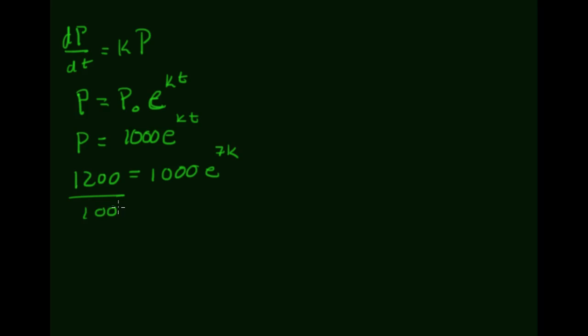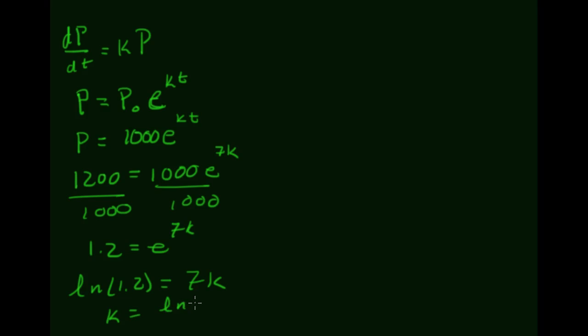So we divide both sides by 1,000. We get 1.2 is e to the 7k. The natural log of 1.2 is equal to 7k. K is equal to the natural log of 1.2 over 7.